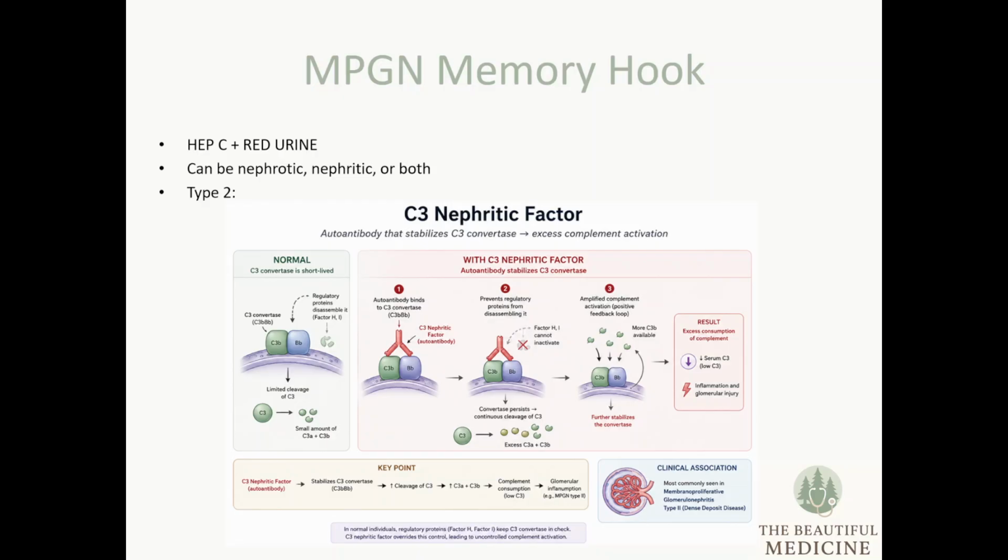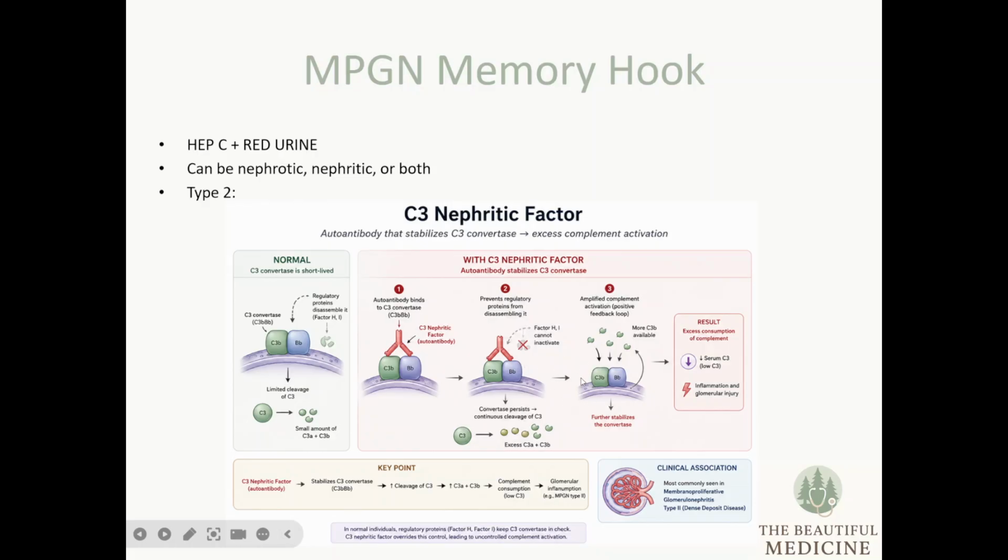So we have a little memory hook. If you see Hep C plus red urine, you can assume that this is MPGN. So Hep C, red urine, MPGN, until proven otherwise. Just to illustrate what I've just said, you have the C3 nephritic factor, and the C3 will bind to your complement stuff here and allow them to work.